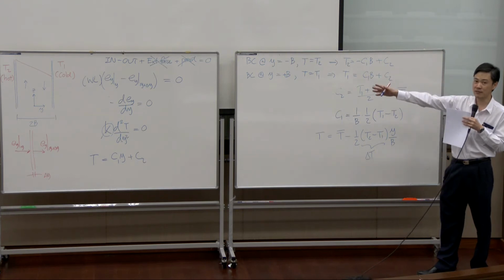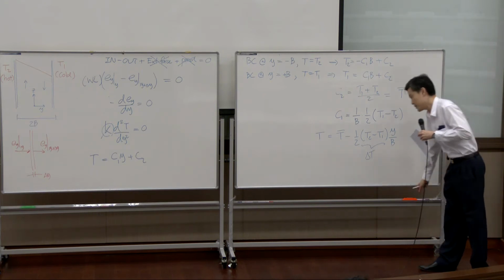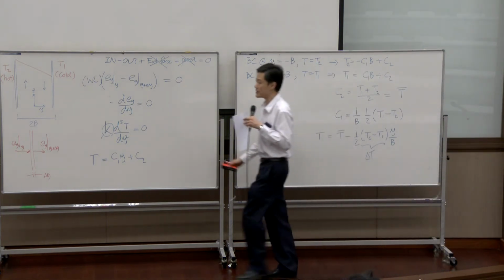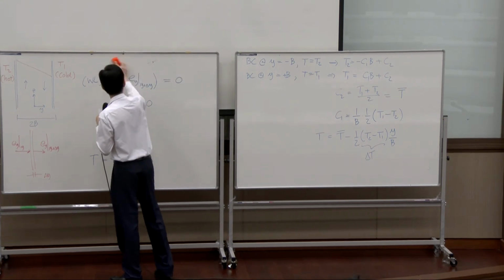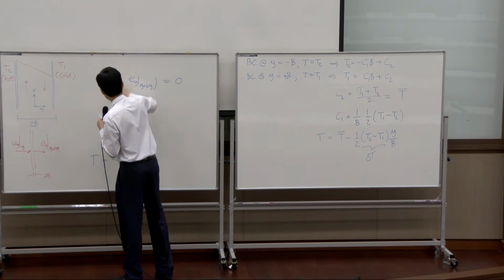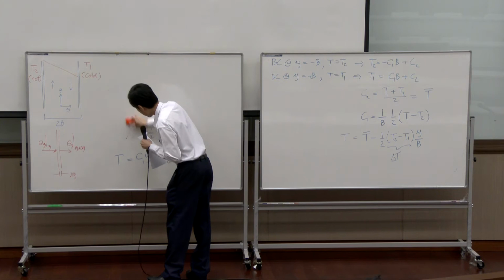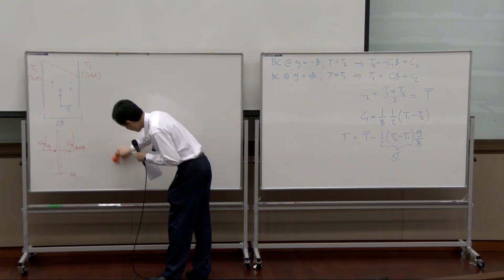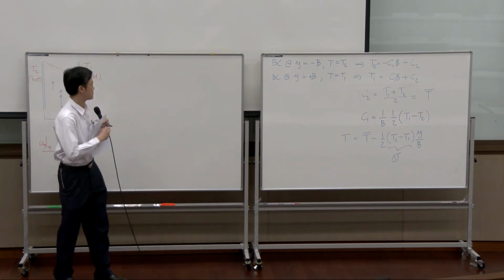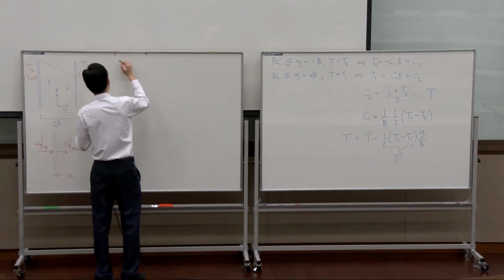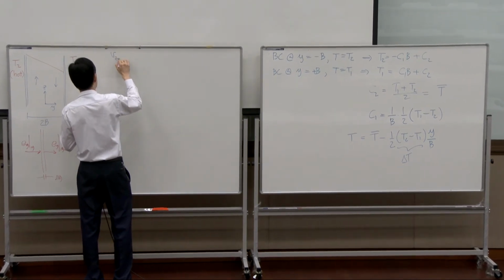But of course, we are interested in something else. We want to know the velocity profile as well. Okay? So now we have to do a shell balance for momentum. For momentum, we already analyzed that the velocity component that is non-zero is Vz.